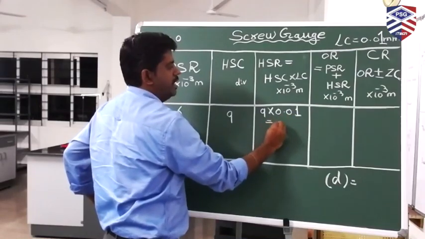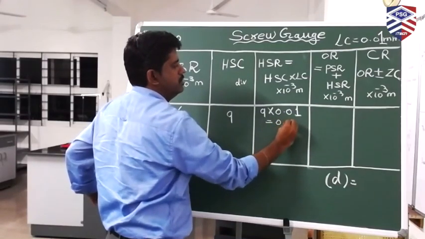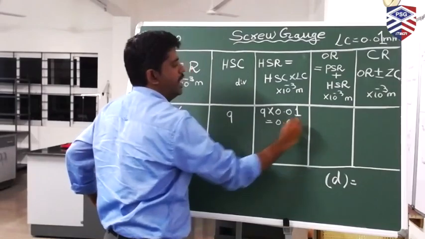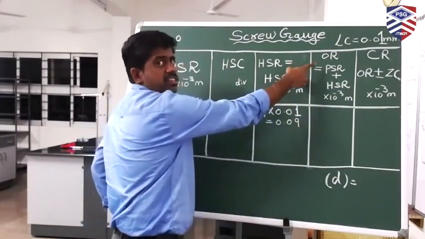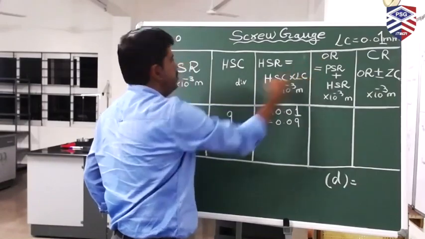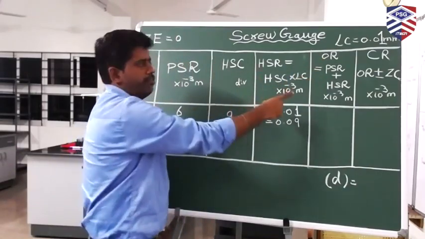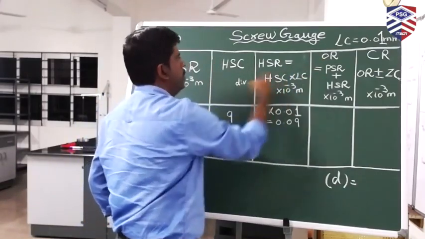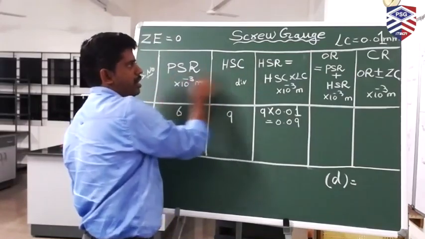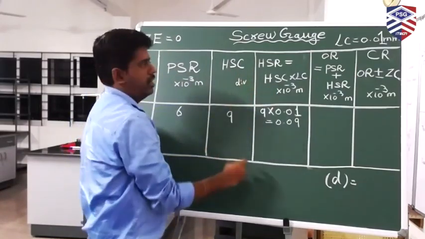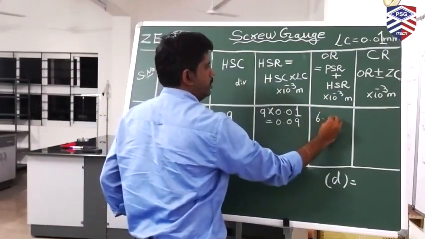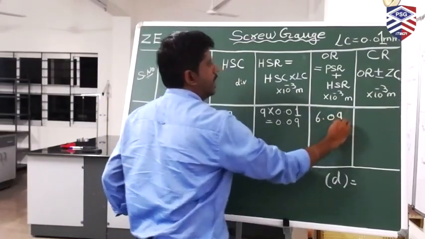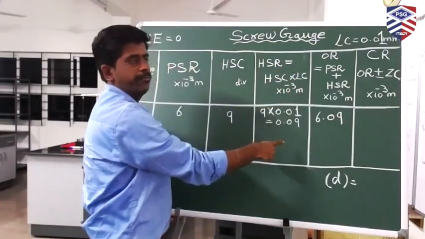You can directly write the value as 0.09. OR represents the original reading which we have obtained from the thickness measurement. It is the PSR plus HSR, which is nothing but 6.09. This is the original reading.